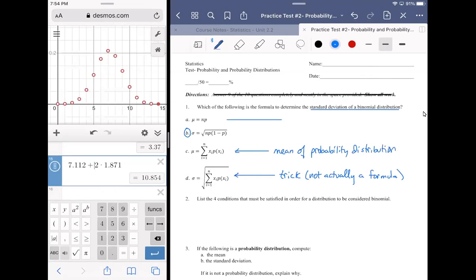And this one is the mean of a binomial distribution. Okay. So those are what the four choices are.